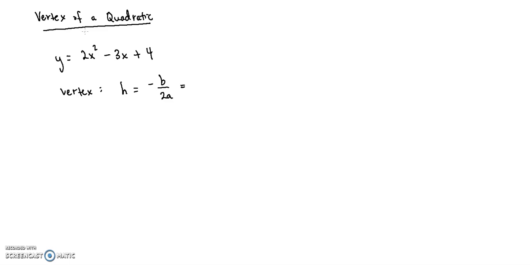So this time a is 2, b is negative 3. We don't actually need c, but I'll mark it anyway. So we're going to have negative 3 over 2 times 2. Negative negative is going to come out positive, and I'm going to have 3 over 4.